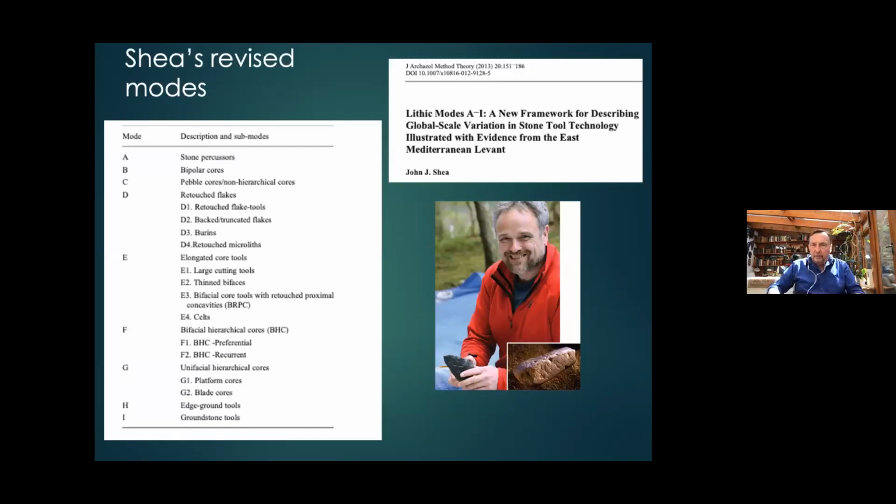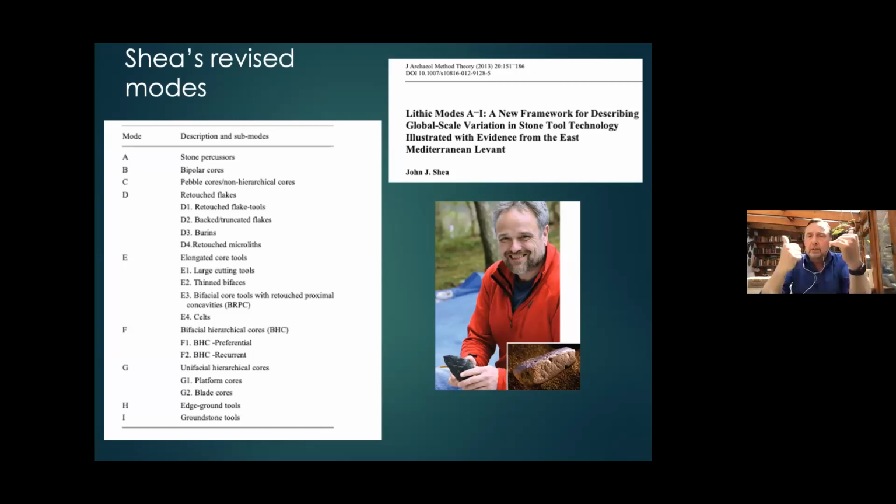Now, John Shea, who's done an enormous amount in standardizing a lot of things about the way we study technologies, has suggested an alternative mode system, so his A to I, as a way of capturing much more of the diversity and variation. And I think it certainly does that.